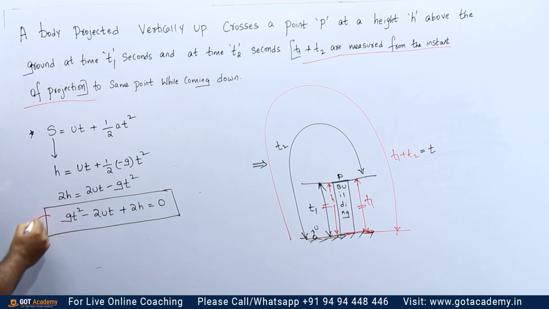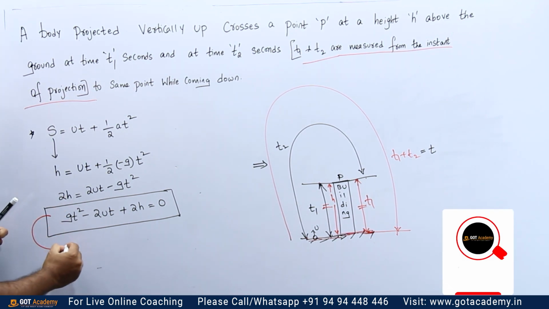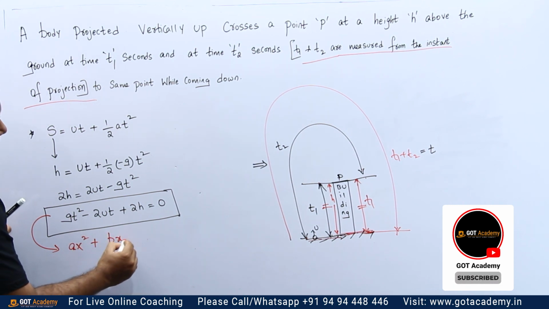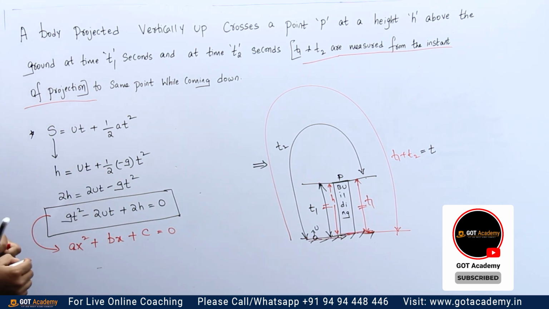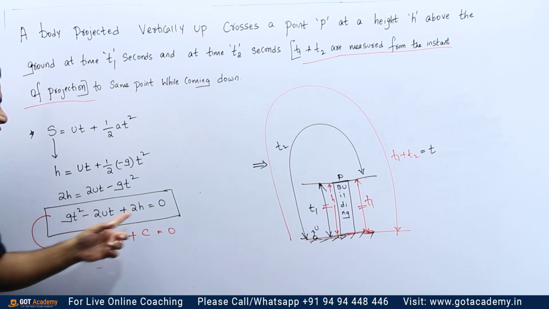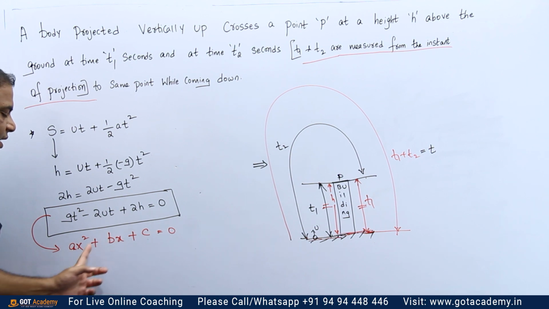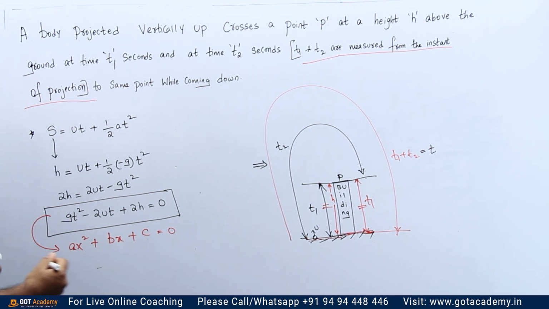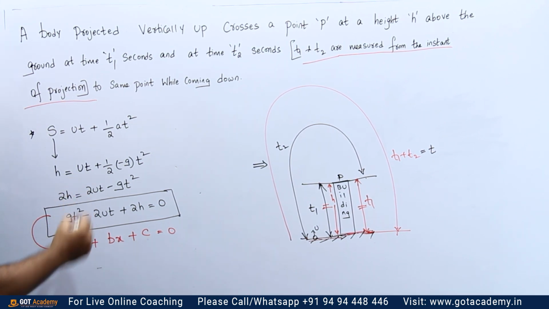If you observe carefully, this equation is similar to the quadratic equation ax square plus bx plus c equal to 0. In place of t square, there is x square.